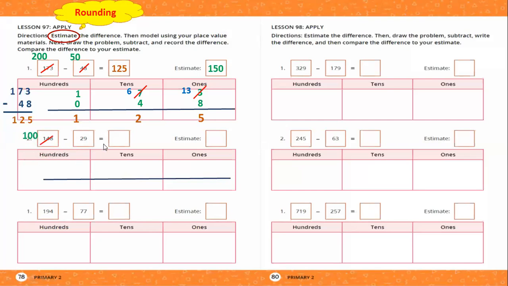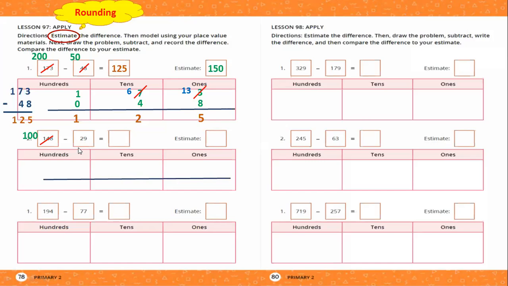29, between what and what? Very good, Farah. 29 is between 20 and 30, and the neighbor is 9. 9 is 5 or more, so we will go to next door.